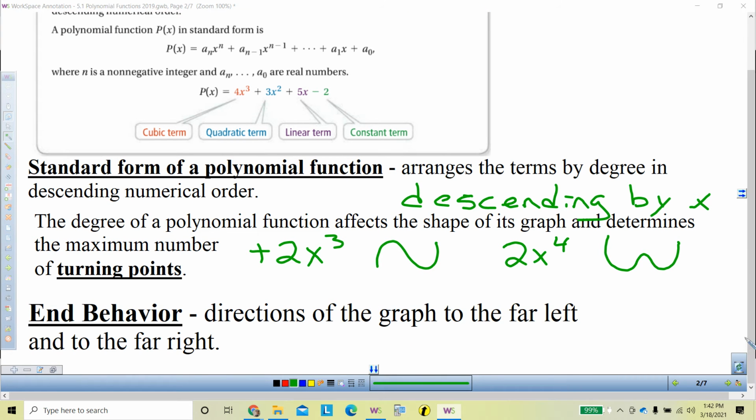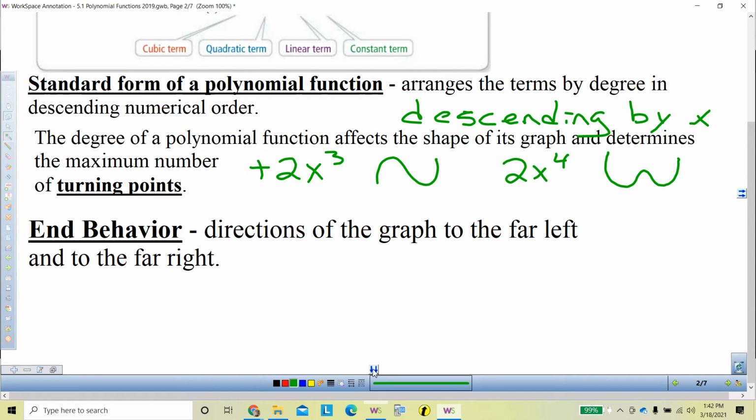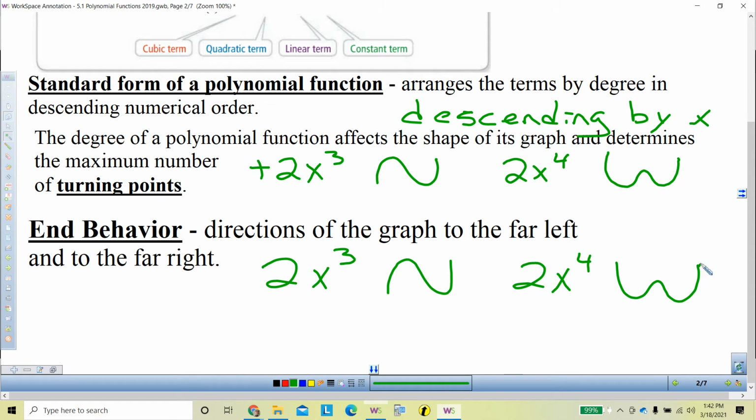End behavior. So looking at the same 2 I did here, when I'm thinking about end behavior, we can look at 2x cubed. We'll write the 2x to the 4th again as well. So for the end behavior, my little trick for that one, all I think for end behavior is arrows on the end.